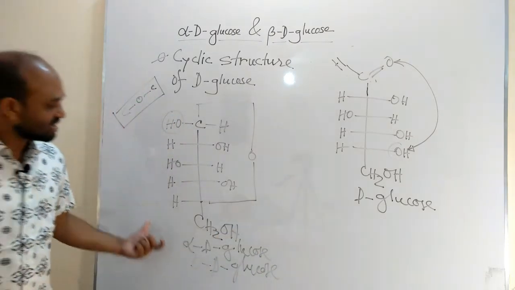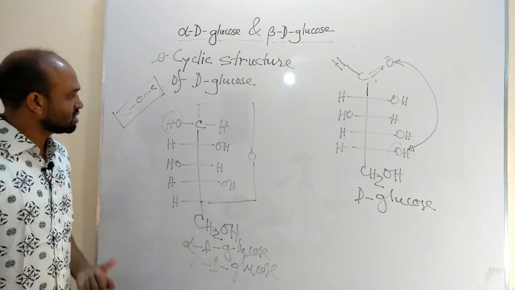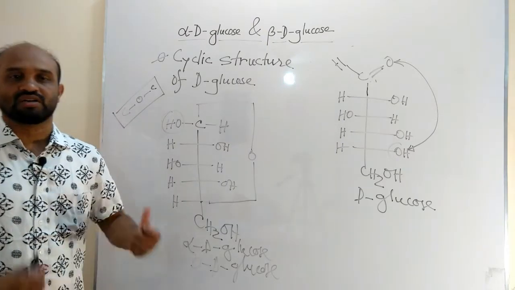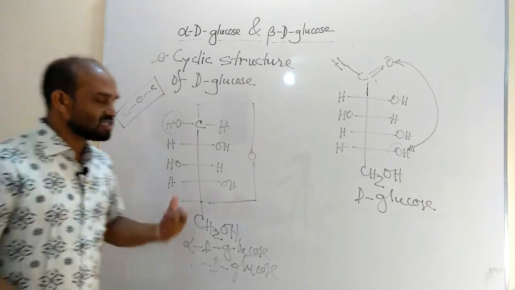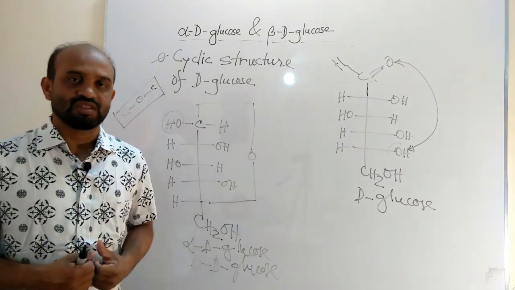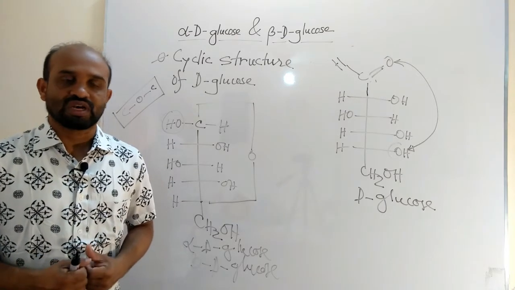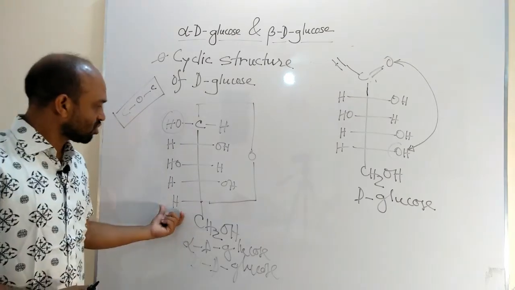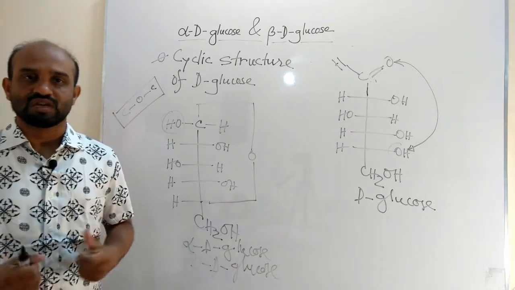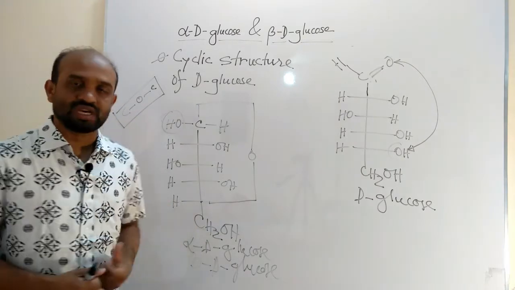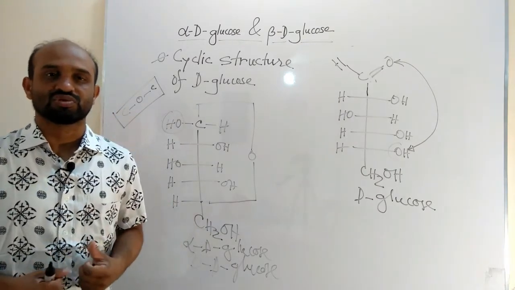So this is the cyclic structure of D glucose, that means alpha D glucose and beta D glucose. This structure cannot explain the structure of the polymer cellulose and starch. This is the monomer and the polymer is cellulose and starch, but it cannot explain the structure of cellulose and starch.